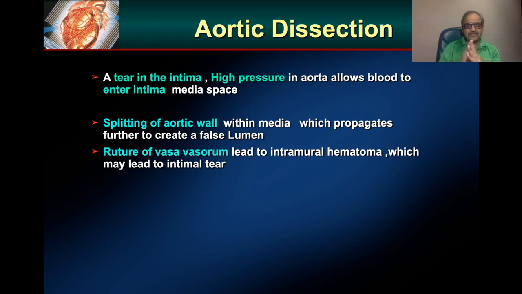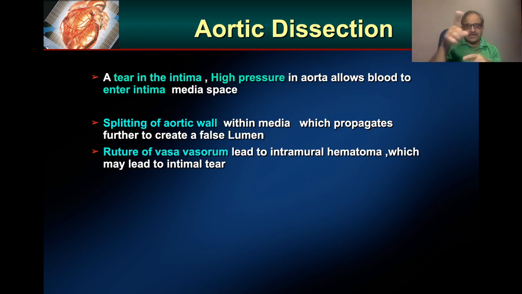Aortic dissection is actually a tear in the intima. The aorta is diseased. The wall is also weak because of loss of collagen and elastic fiber, and because of the shear stress on the wall of the aorta, there is a tear in the intima, and then the blood dissects through the media and forms a false lumen.